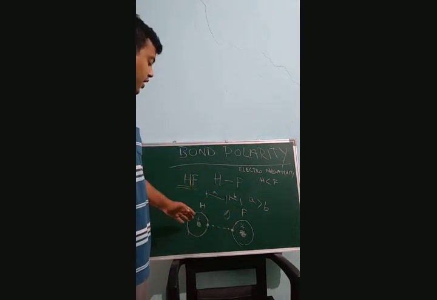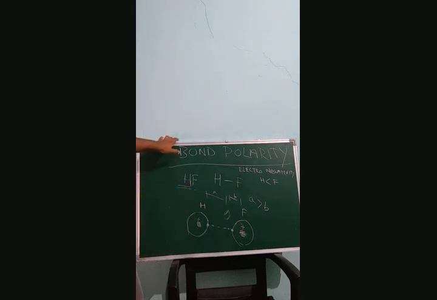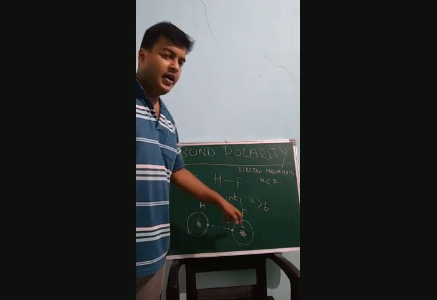So in this case, what happens? Till now we have learned that covalent bonds are always charge neutral bonds. But that is not true in every case. It is true for similar atoms.